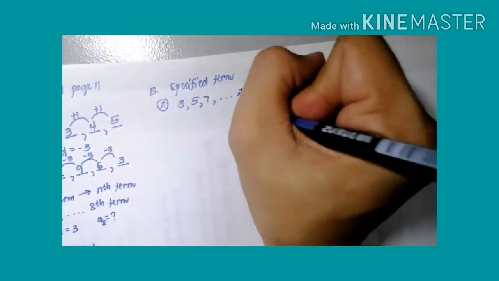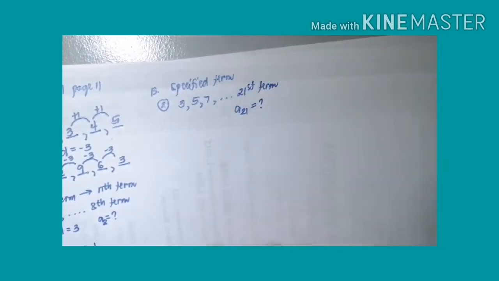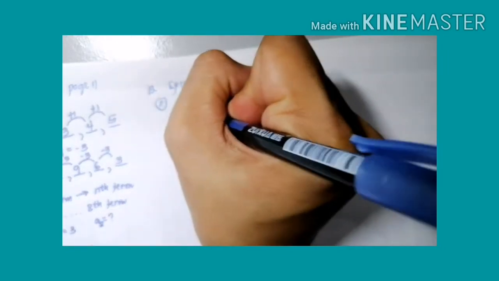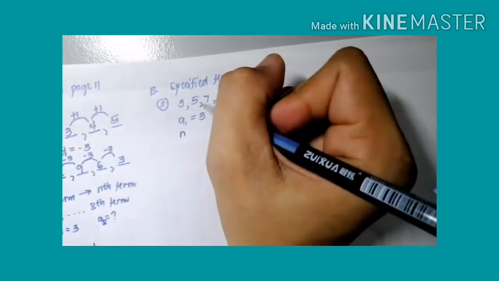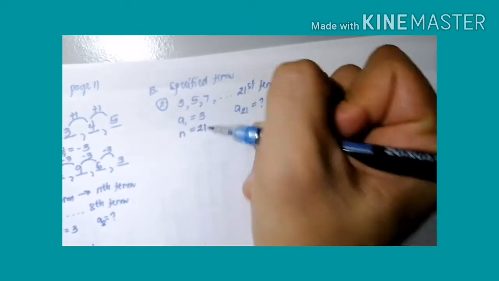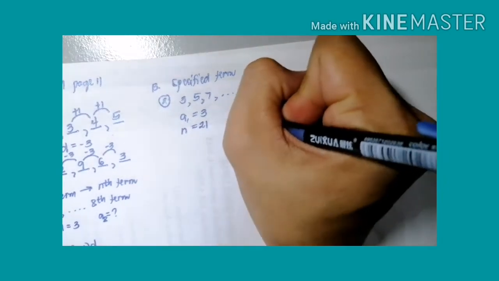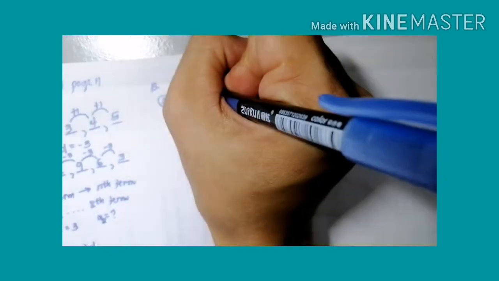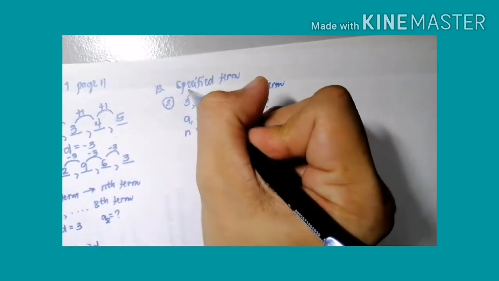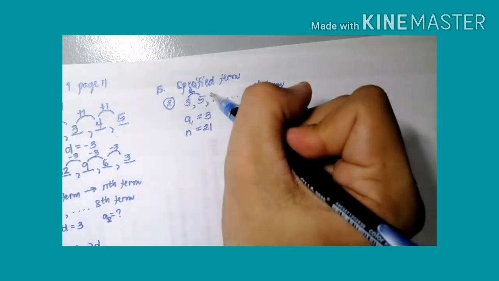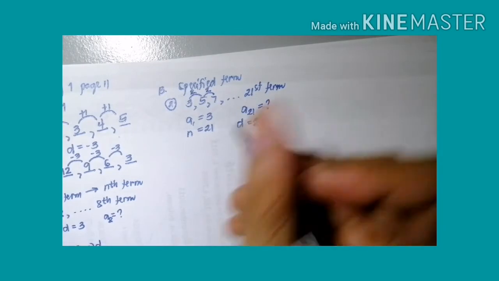So clearly, we are looking for a sub 21. Now the given, a sub 1 is equal to 3. n is equal to 21. We need to consider these 21 terms. And then d, the common difference, can be found by subtracting 5 and 3. So you have 5 minus 3 is equal to 2. 7 minus 5 is equal to 2. So that is the common difference.